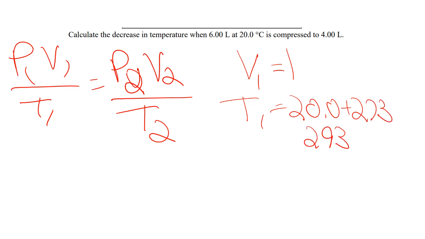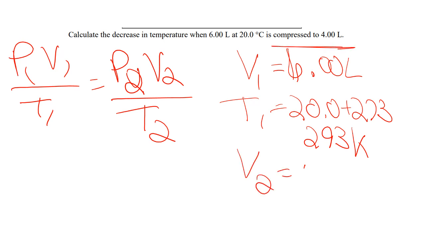Now, the reason for that is we could have a negative temperature, and you're not going to have a negative volume. So essentially, everything has to be converted to Kelvin. Volume 1 is 6.00 liters. It's compressed to 4 liters. Volume 2, 4.00 liters.